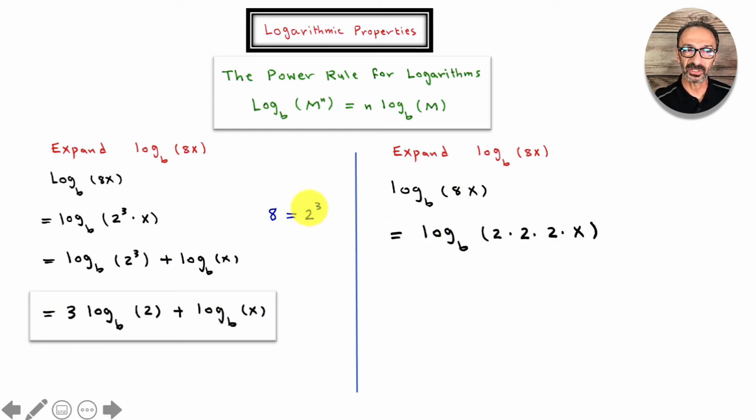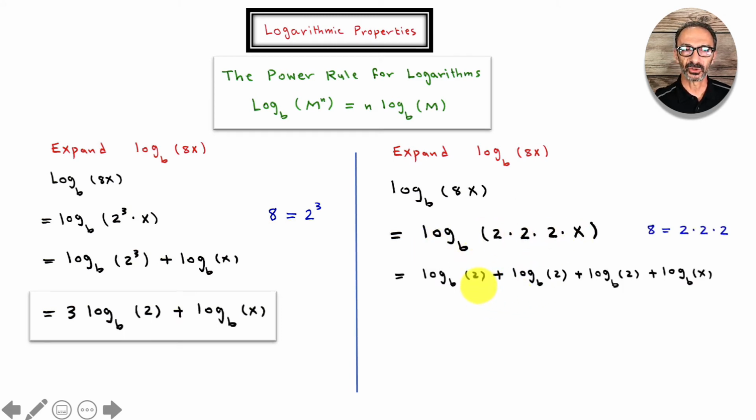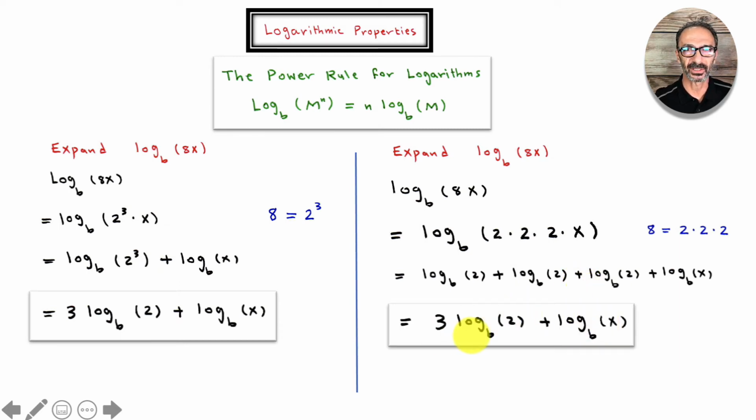Now I'm not using the power, I'm using the product. Applying the product, that becomes log 2 plus log 2 plus log 2 plus log x. But that's the same amount 3 times, which in math we call 3 times log 2 plus log x. And if you see it left and right, it's the same answer.